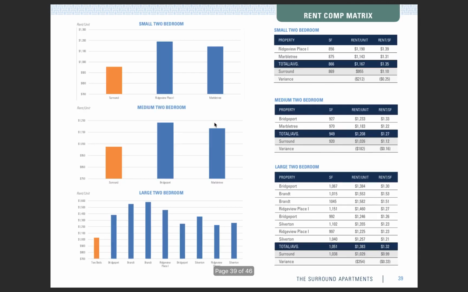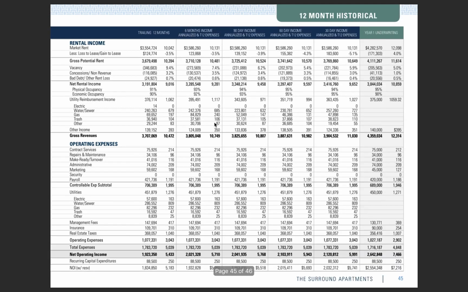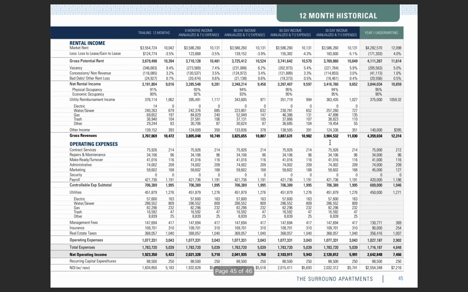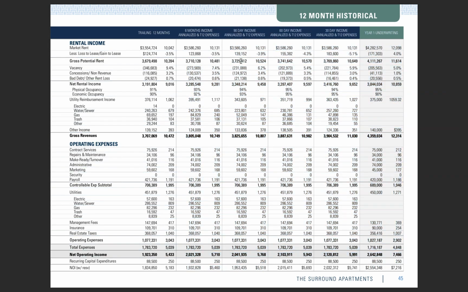However, most OMs will have some sort of underwriting or some sort of T12. And so here they have a T12 broken out by month, which isn't super helpful. But here they do have a pretty helpful page with trailing 12 months, 6 months income annualized with T12 expenses, and then 3 months income with T3 expenses, which is kind of the standard when underwriting this column here.